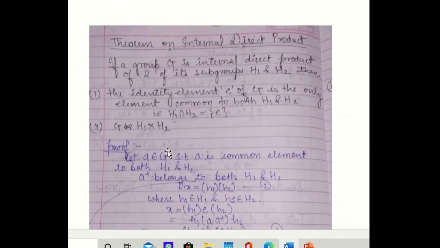Those types of products are called internal direct product.